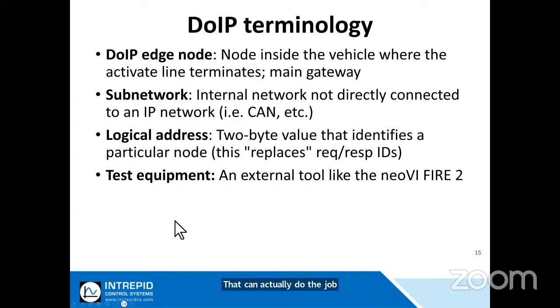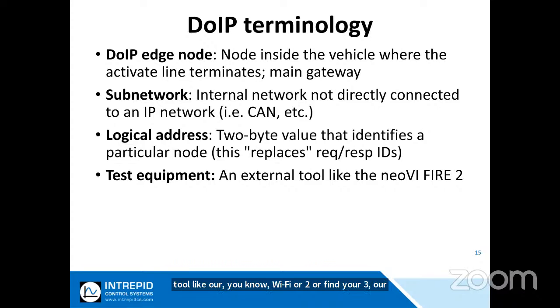So before I go on, because we just talked about where's the port and how do we activate it, let's talk about the pieces, okay? Inside of DoIP, you have a piece of test equipment. In our case, you might refer to that as the tester, an external tool like our neoVI Fire 2, our Fire 3, our neoVI Red 2, whatever you happen to be using to talk to the vehicle.